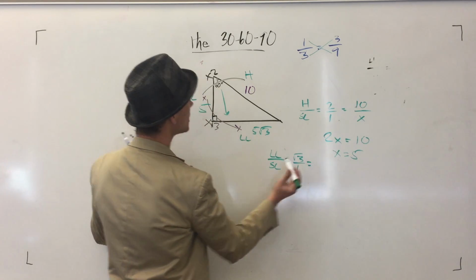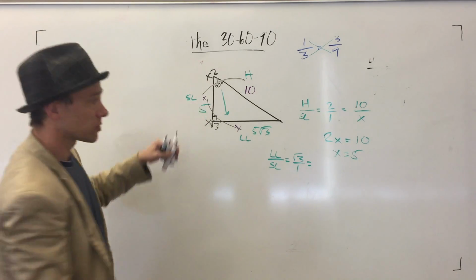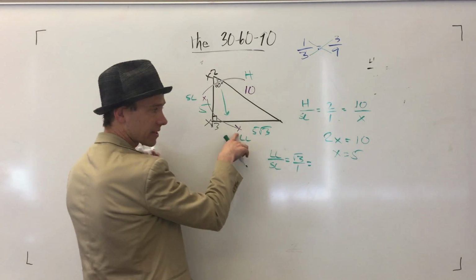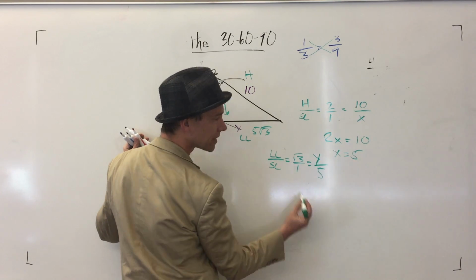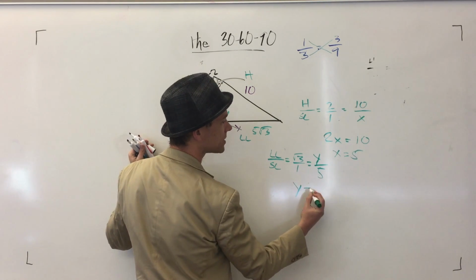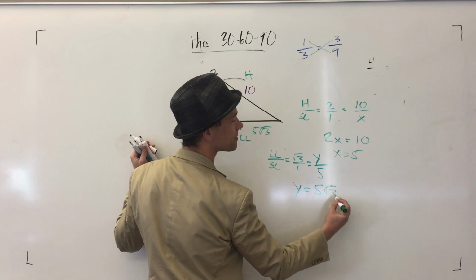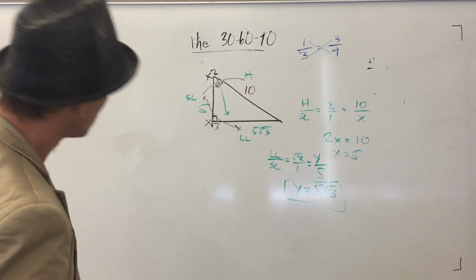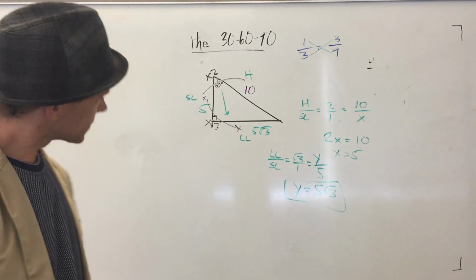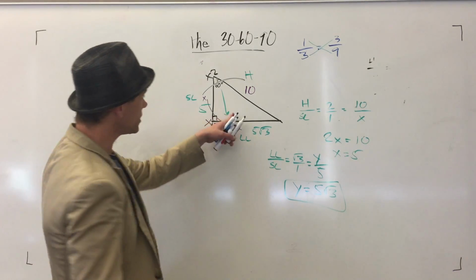In this case, I know the short leg is 5, but I don't know the long leg. That was my y, so it'd be y over 5. Now you cross multiply, and y is equal to 5 times root 3. Holla for $2. All right, so we're good here.